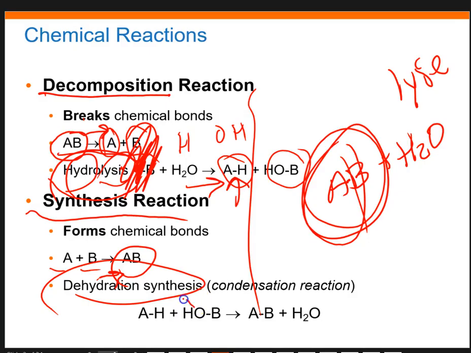So we take two hydrogens and an oxygen, and that gives us water. And then that allows us to form a bond between the two variables, the A and B. So we're forming this chemical bond right here, and we did it by removing a water. So again, hydrolysis and dehydration synthesis are opposites of each other.